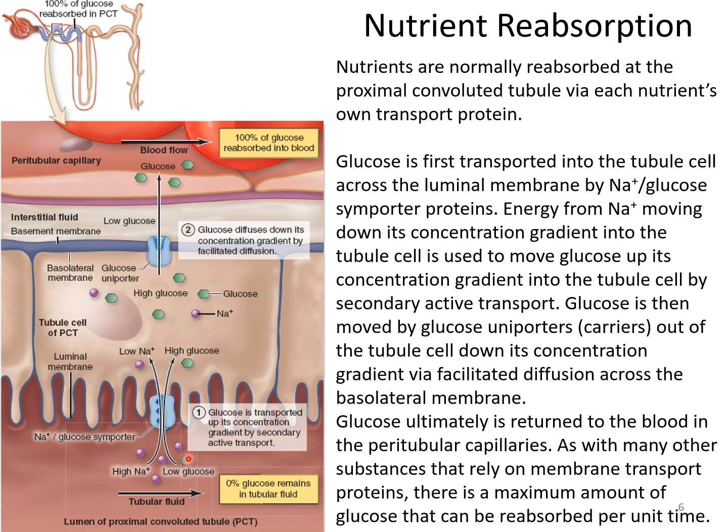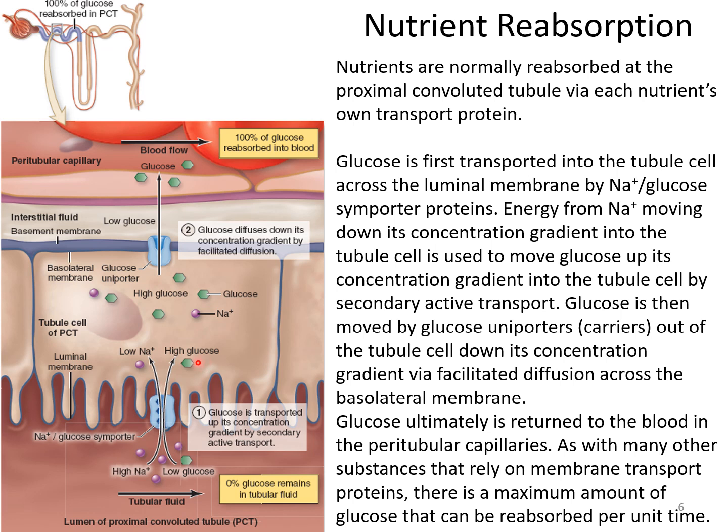Everything usually likes to go from high to low, but if we have another substance going from high to low, like sodium, we can use that energy to draw the other one with it from low to high. That's called secondary active transport whenever we do that. So the sodium and the glucose go together, and then you end up in the tubule cell.